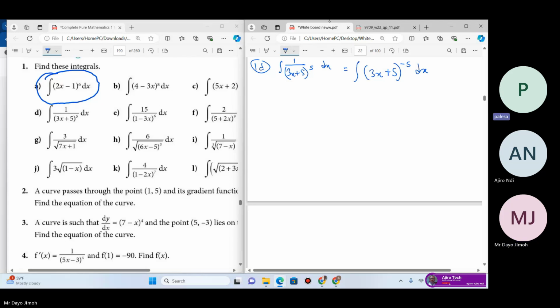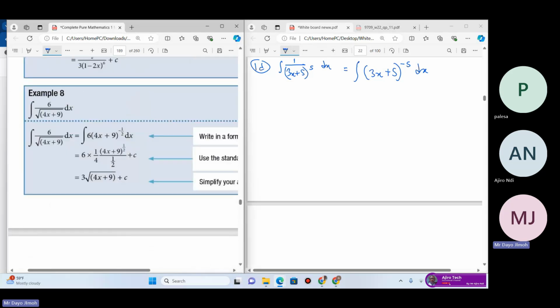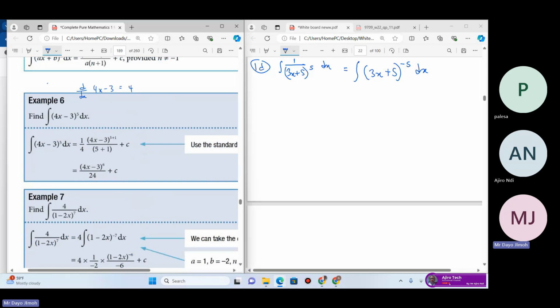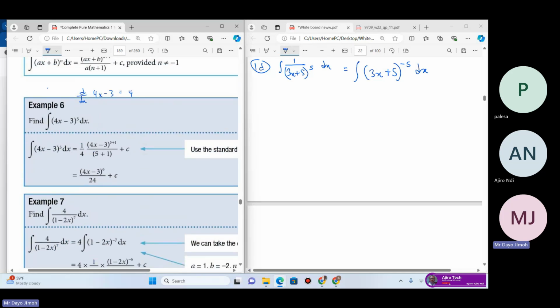Am I not supposed to differentiate first? Okay. If you want to use chain rule, you let u equal to what? Equals to 3x plus 5. Okay. Or you know what? Leave chain rule. Do it the method that I did. Do this method so that it can save time. I want to be sure that you can master it. So do this method.